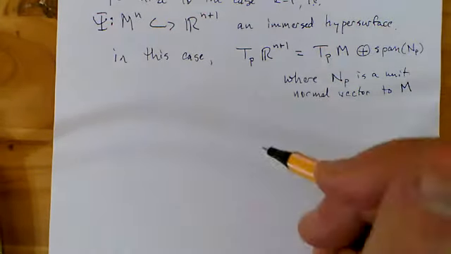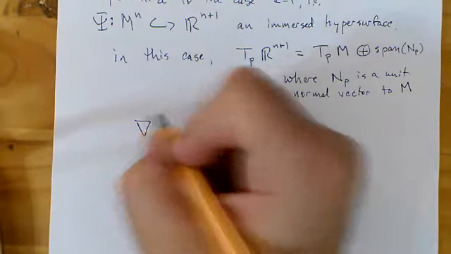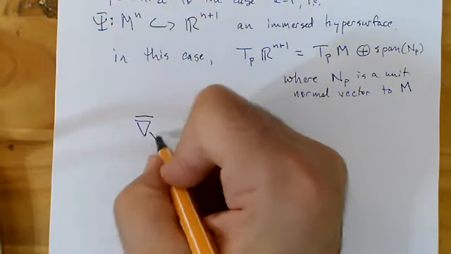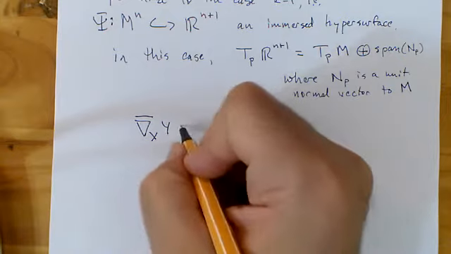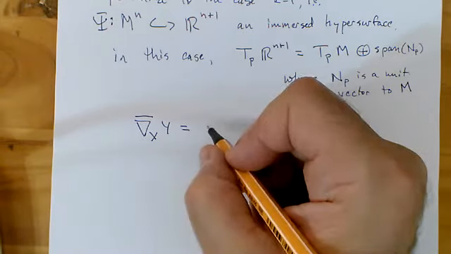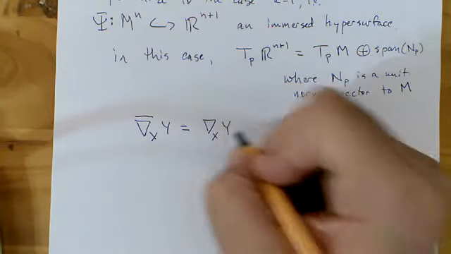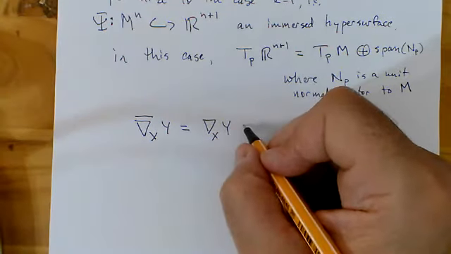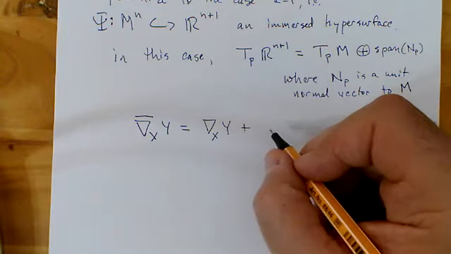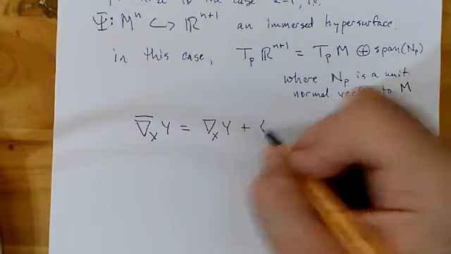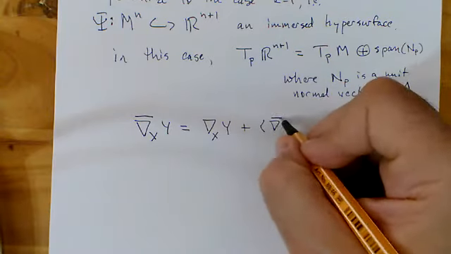Okay, and then let's split this ambient covariant derivative as the covariant derivative in my submanifold plus my normal part.